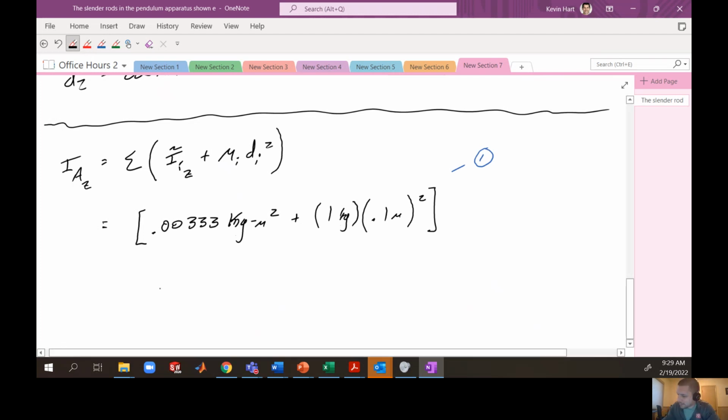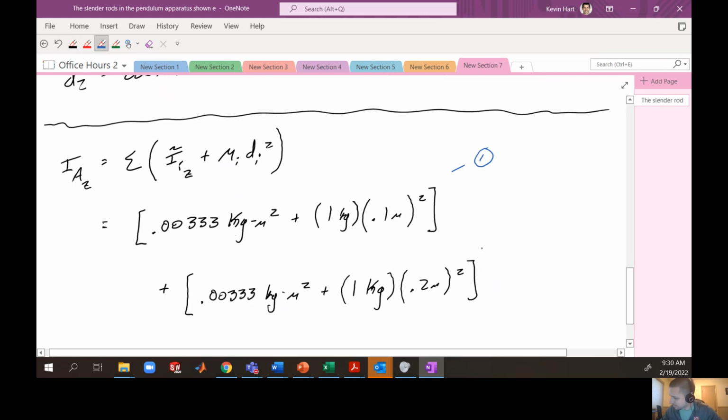And we're going to add to that the contribution of object 2. It has the same mass moment of inertia about its own centroid as object 1. So again, 0.00333 kilogram meter squared, plus the mass of object 2 is 1 kilogram. And the distance that the centroidal axis of object 2 is away from point A is 0.2 meters.